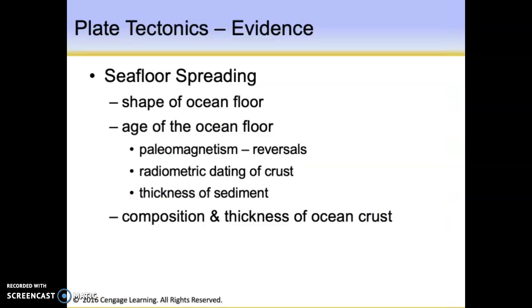And that leads us back to something called paleomagnetism. What becomes very apparent when they look at the ocean floor's magnetism is that some of the ocean floor has a magnetic signature that points in the same direction as the current Earth's magnetic field.